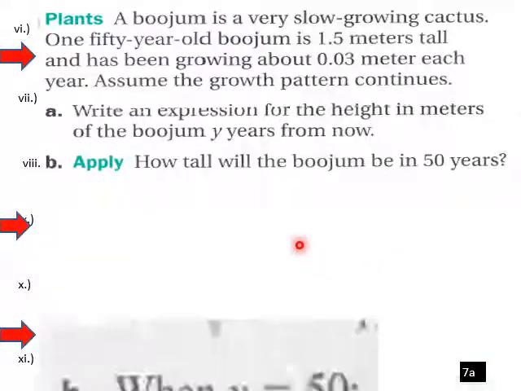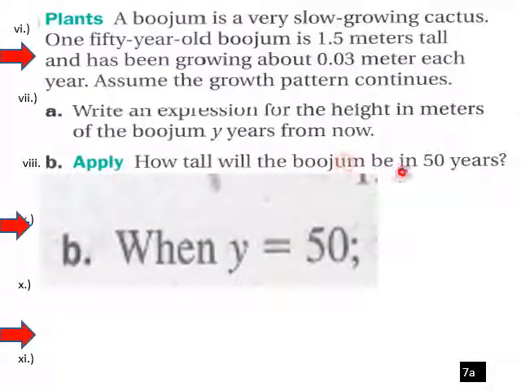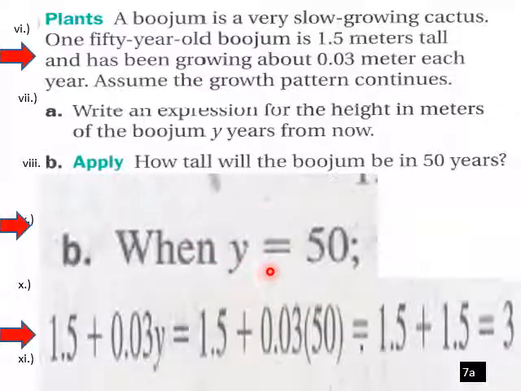And then B, how tall will the boojum be in 50 years? So we plug in 50 for y. We insert our 50 there, and then 0.03 times 50 would be 1.5. So 1.5 plus 1.5 is about 3, so it will be 3 meters tall.